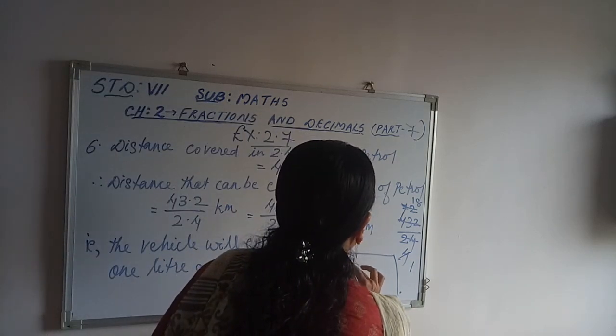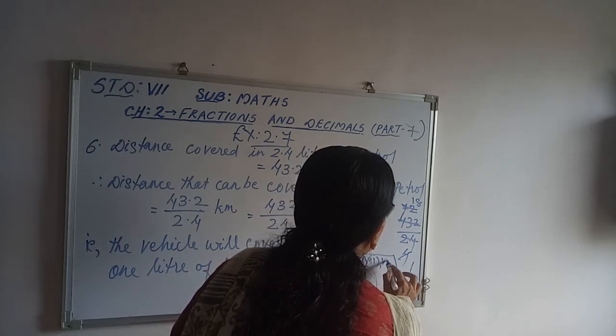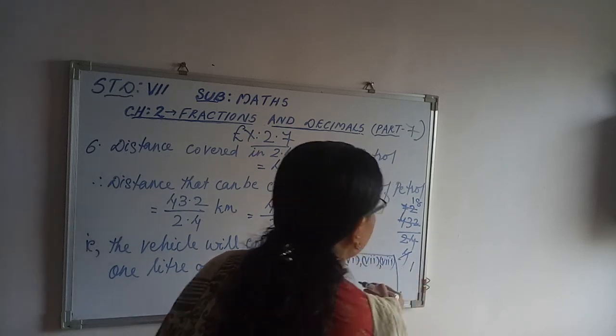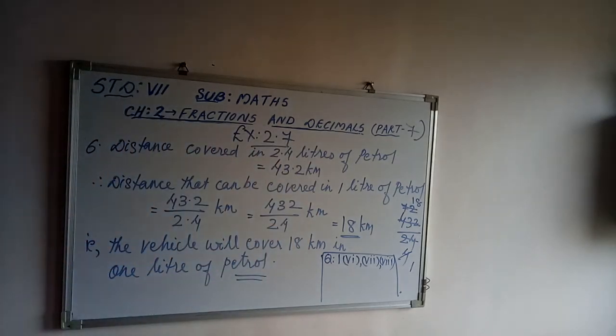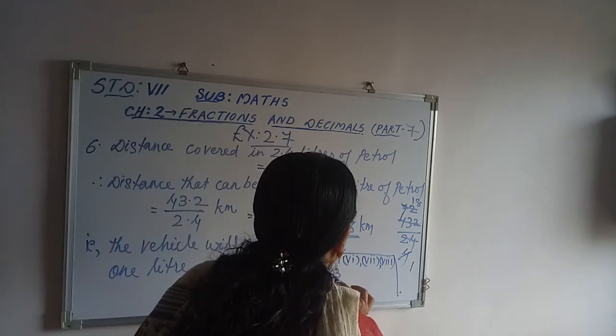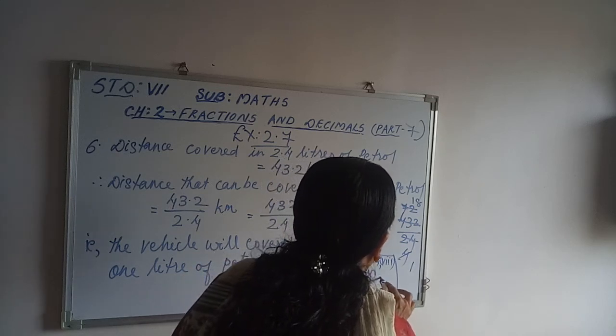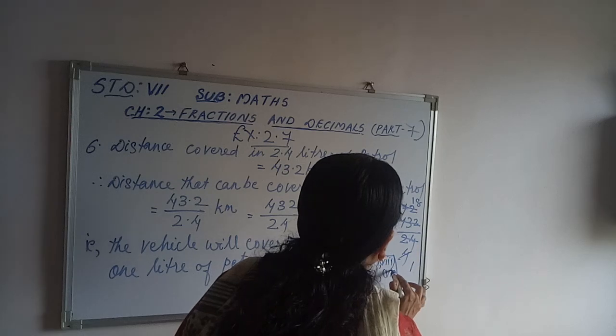That is 6, 7, then 8. And question 2, I solved all the sums. And question 3, 4 to 6. Question 3, 4, 5 and 6. 3 questions.